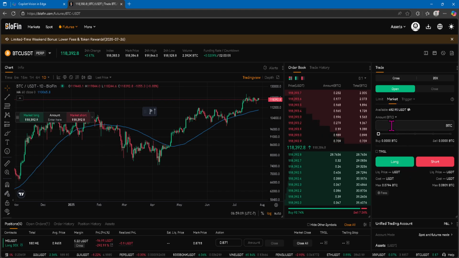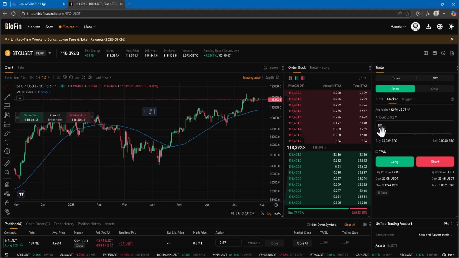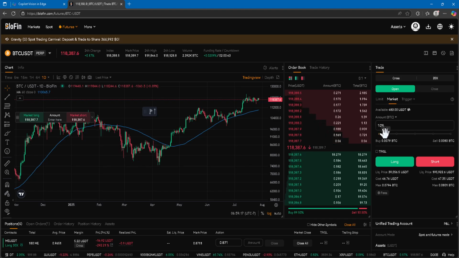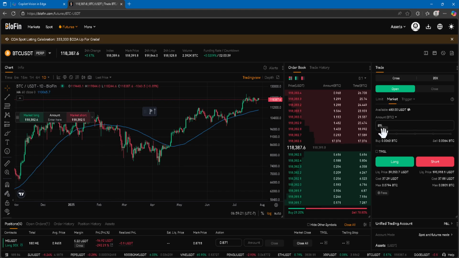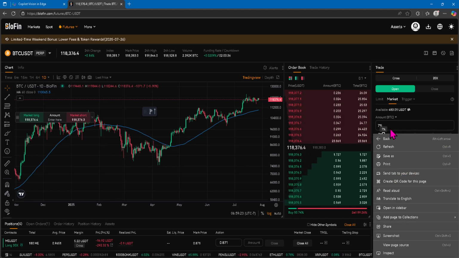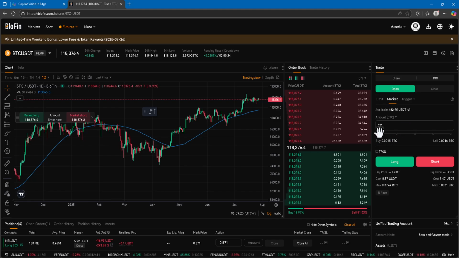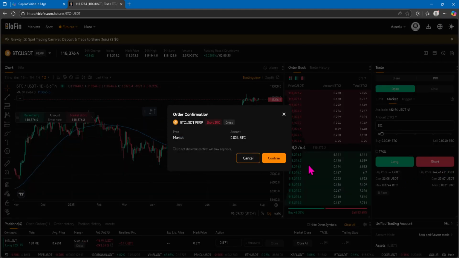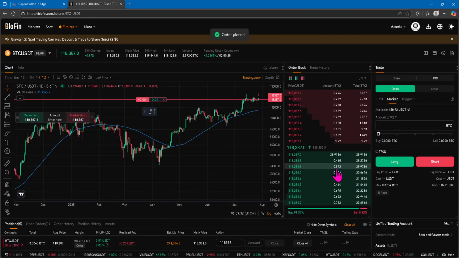All right, so we're going in on a short. We're going to keep our liquidity price in mind. You can see it changing down there, right? It's at 180,000. We're going to do a quick 5%. We're going to open a short, confirm.